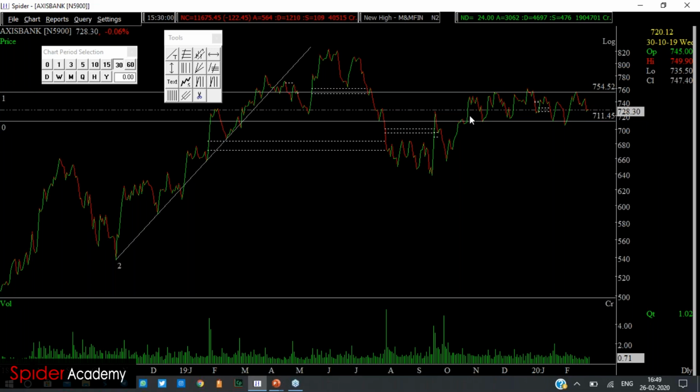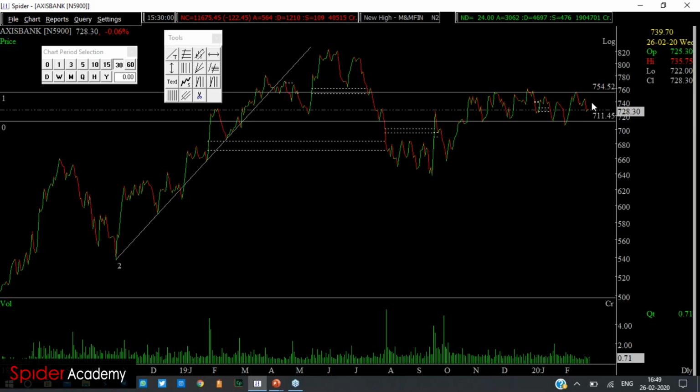A consolidation zone need not be only sideways, it can be upwards also, downwards also. But when a stock is playing in a 5% range, we say it is a sideways movement and a consolidation zone. Over here we have multiple tops, and that's when we can say that it's moving into a consolidation zone.